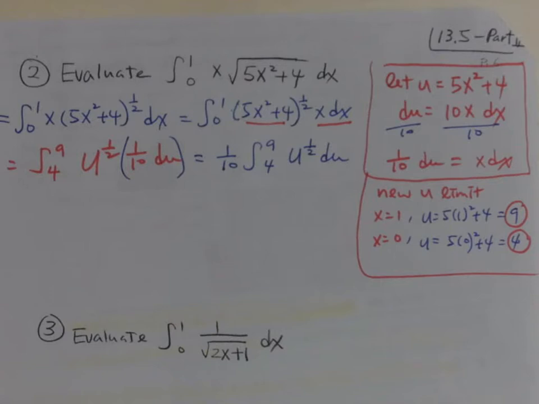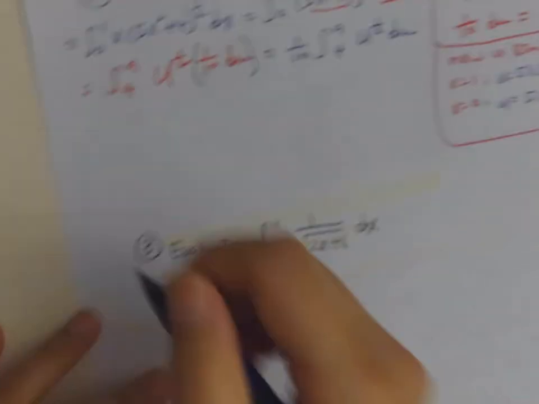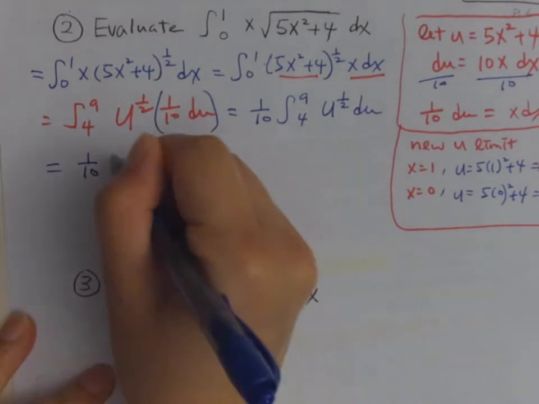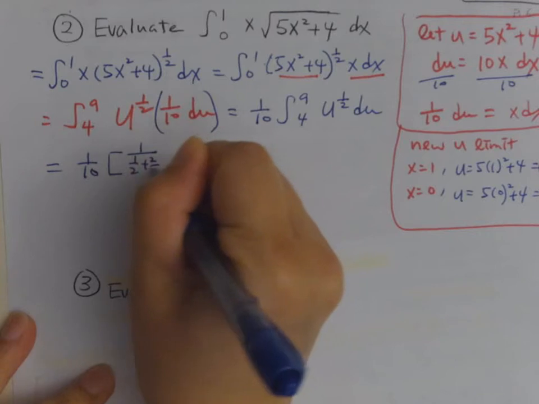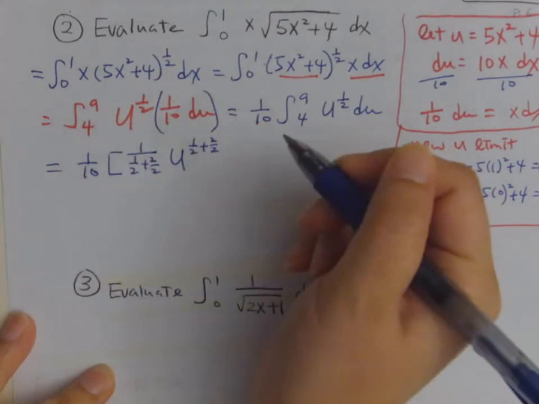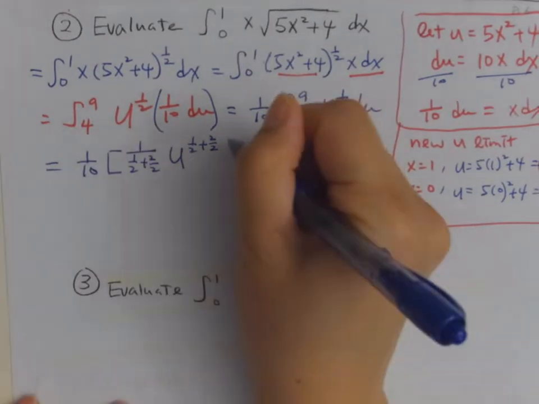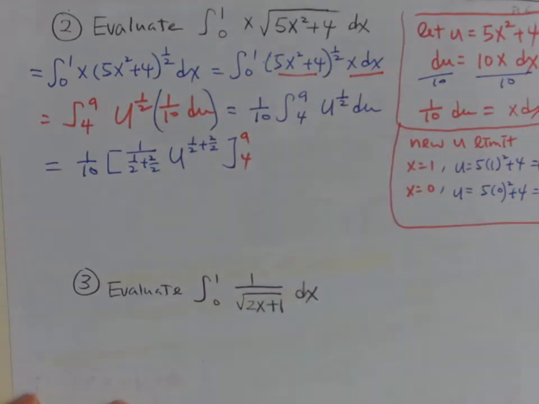So that is going to be pull down the 1/2, and then you need to add 1, right? So we're going to have 1/10 times 1 over (1/2 plus 2/2) times u to the (1/2 plus 2/2), and then after that we're supposed to plug in the upper and lower limit, right?